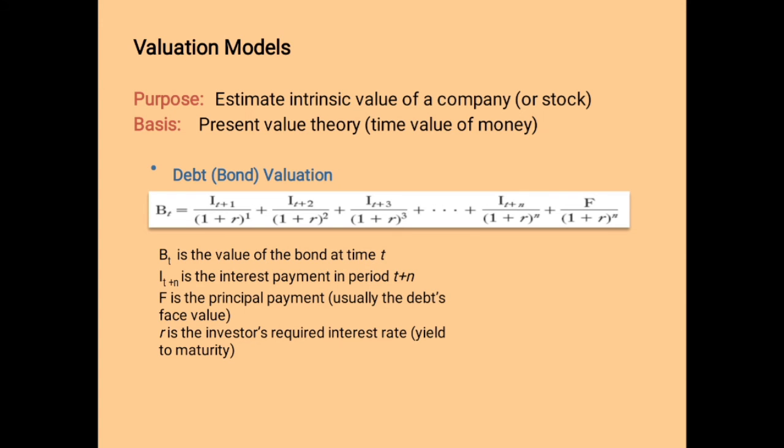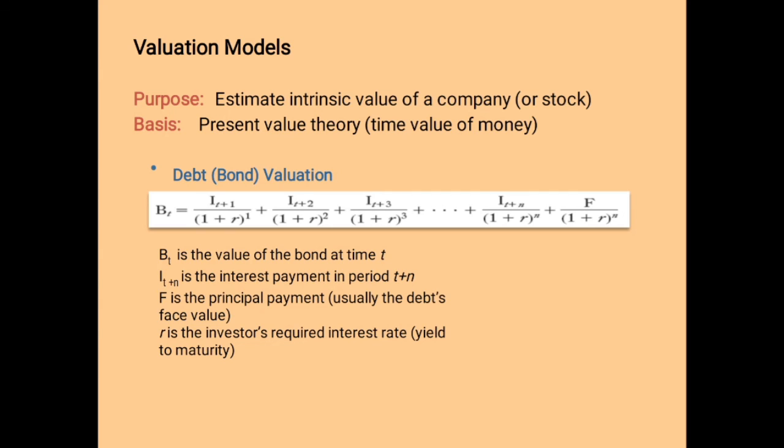The last analysis is about valuation models. The purpose of valuation models is to estimate intrinsic value of a company or a stock of the company. And the basis is we use present value theory or time value of money. In doing valuation model, we have four valuations.